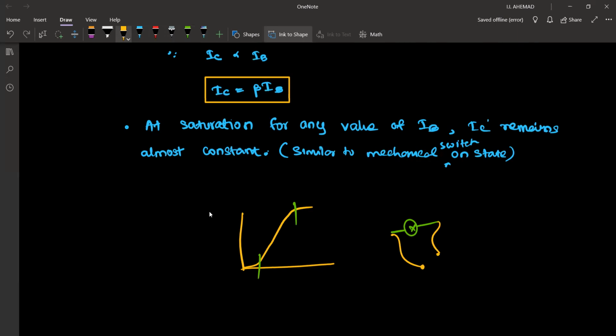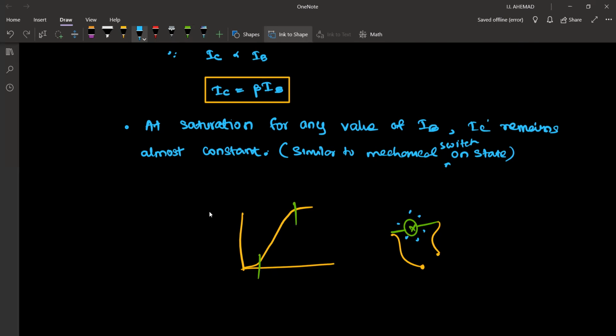If IB current is 0, then IC current is 0. Therefore, this bulb won't work. It is just like the switch is off. And for saturation, it is just like the switch is on. Current will flow. Therefore, the bulb will glow.